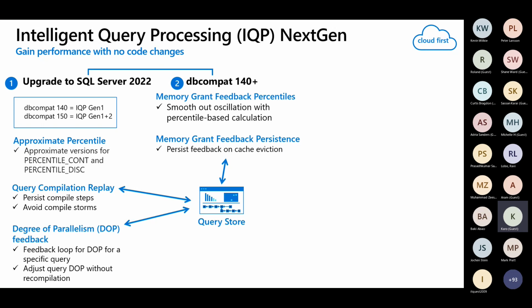We've got a better algorithm to make this a better experience. This is what we've learned from you. And most importantly, we'll persist the feedback mechanism in the query store so that even if cache eviction occurs, we don't have to redo this process all over again. This is us listening to you and making the experience better.